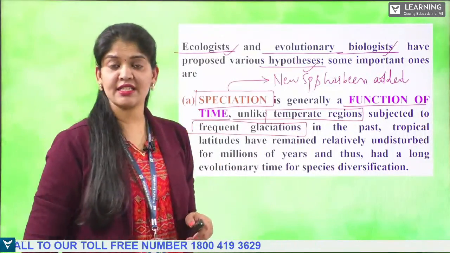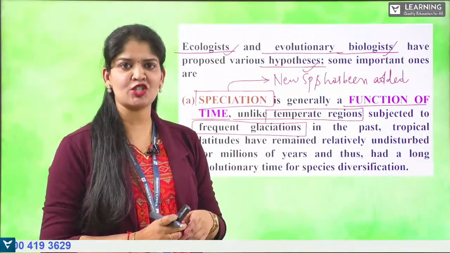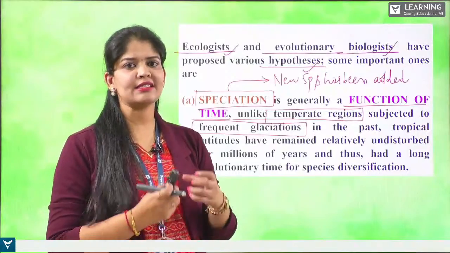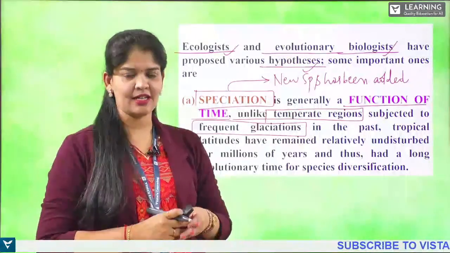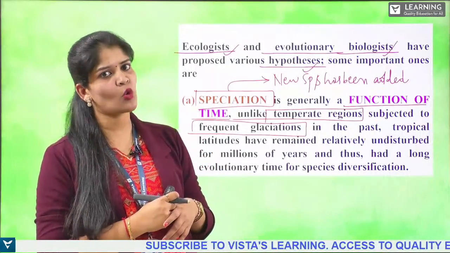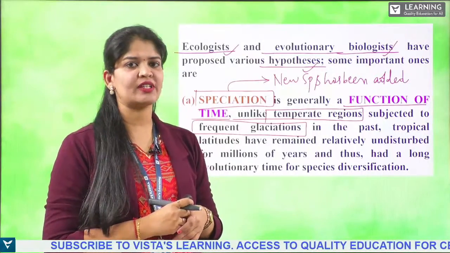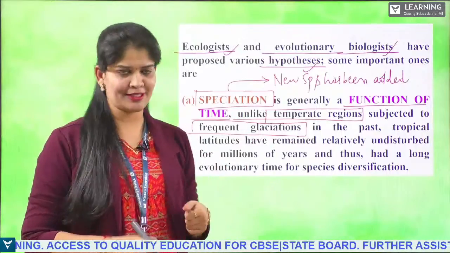What do you mean by glaciations? Glaciations are where we can see the land covered by glaciers, that is nothing but ice sheets. That means the temperature is not constant here. That may be one of the reasons why the rate of speciation is low in temperate regions when compared to the rate of speciation in the tropical regions.